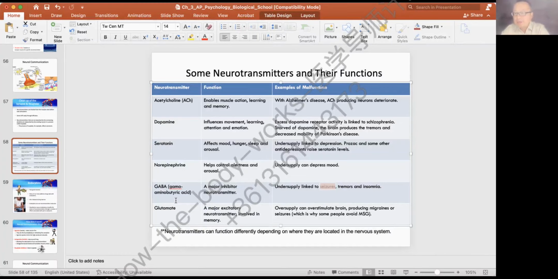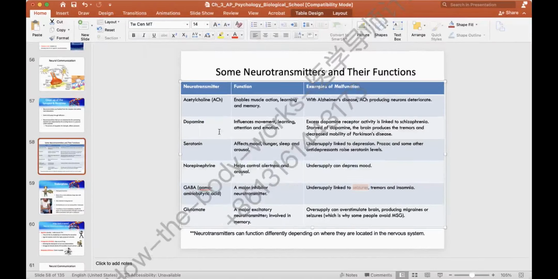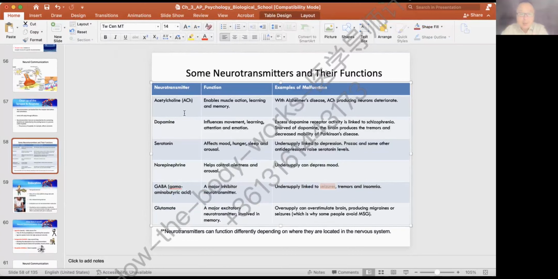So even though it is inhibitory, sometimes we need it, especially if you need sleep in the evening, right? So GABA is the only inhibitory neurotransmitter for us to remember. In this table, you can see one, two, three, four, five, six.